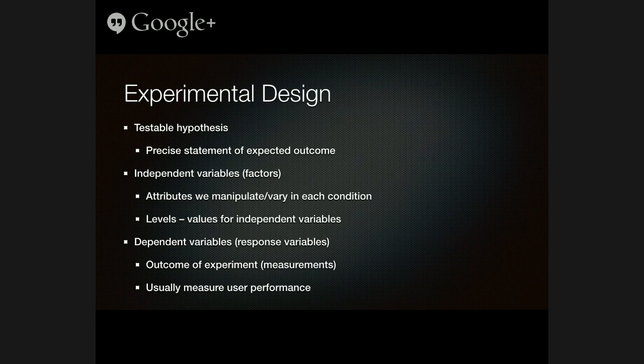Notably, these independent variables could be levels, or they could be complete differences. So it could be that you have interface A and interface B that are completely different, and you're testing those two things. So yeah, we could vary the room that you're sitting in in addition to the temperature of the room, to see if the room itself has anything to do with it.